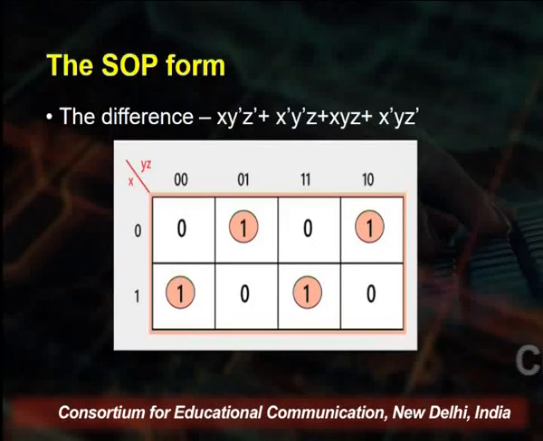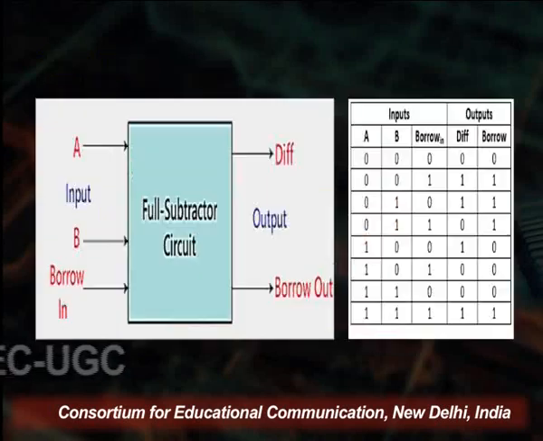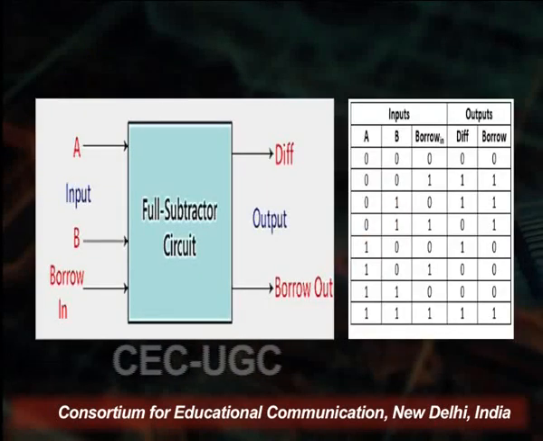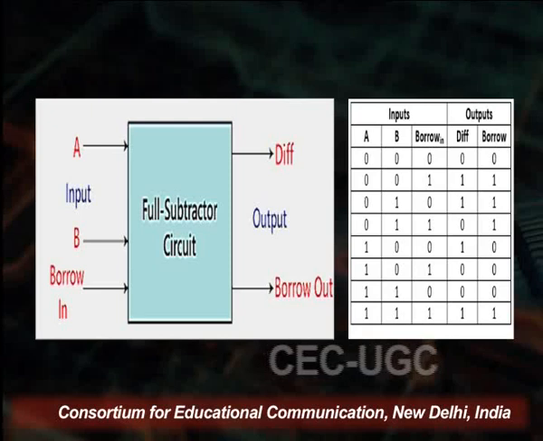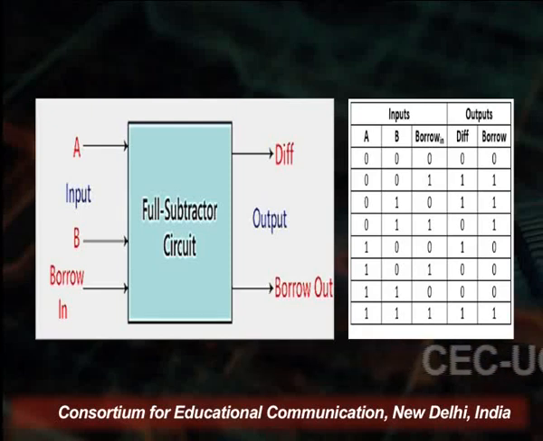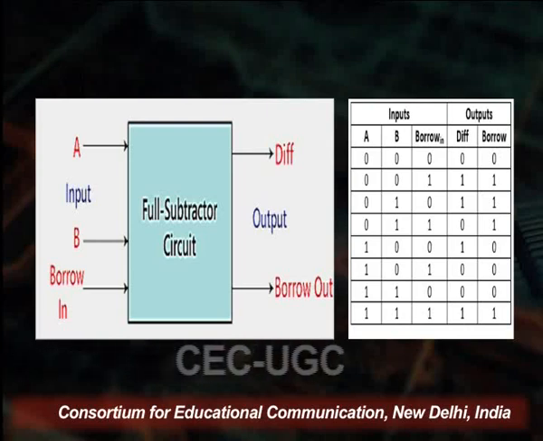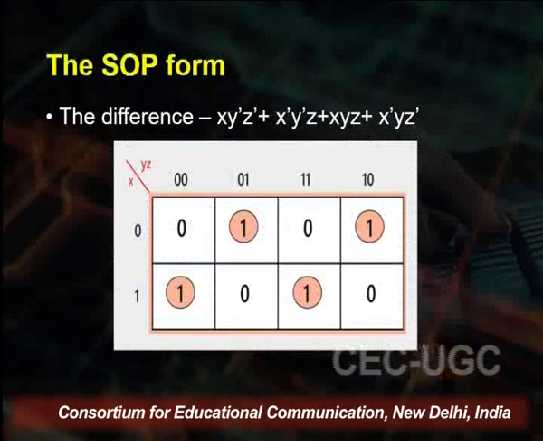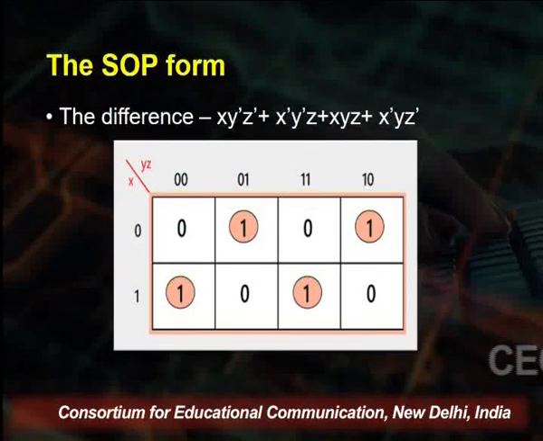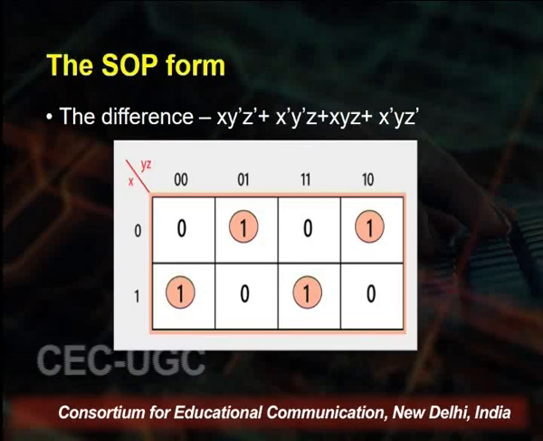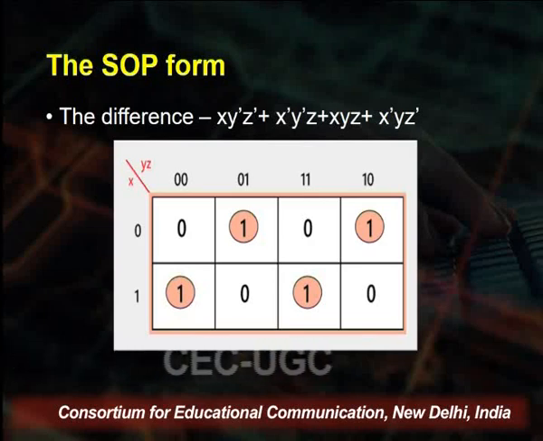So in the SOP form, if I look at the difference column, we have ones appearing at 4 places. Row number 2, 3, 4 and the last row. The expression for that would be A dash, B dash and borrow in. This is what you see. So you have X, Y dash, Z dash, X dash, Y dash, Z, X, Y, Z and X dash, Y, Z dash.